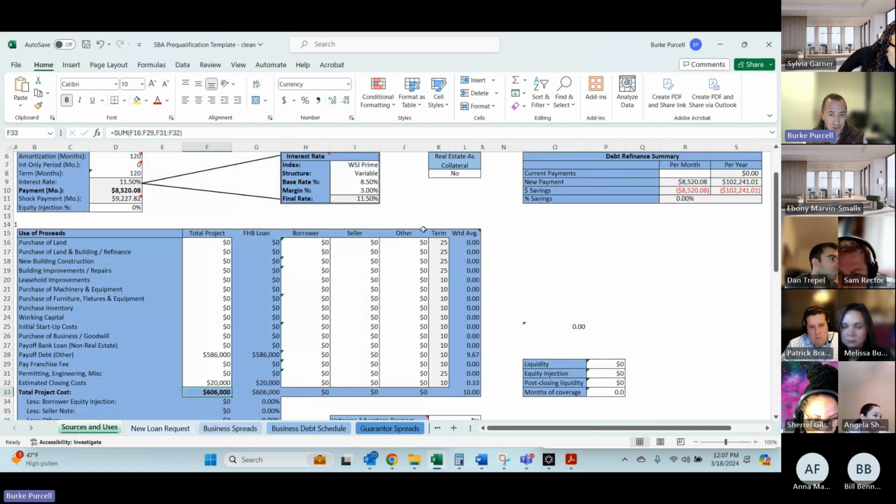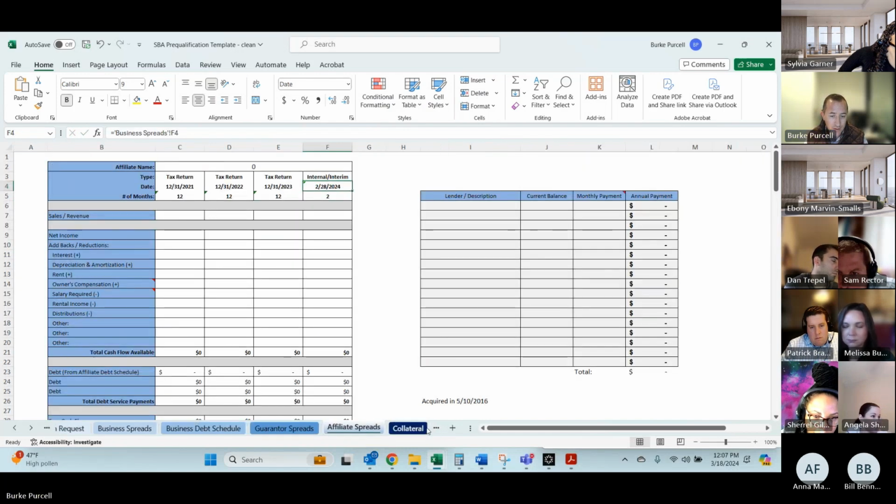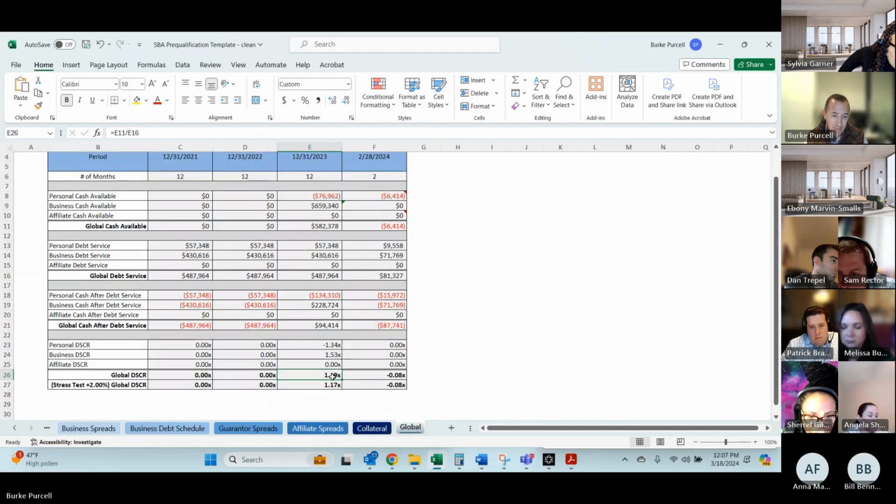I think I have it at prime plus 3. If we go over 500K, we very well might be at prime plus 2.75. I'm at a 1.19. Gosh, this is really, really close. I may find a lender willing to take this. Especially if there's collateral.